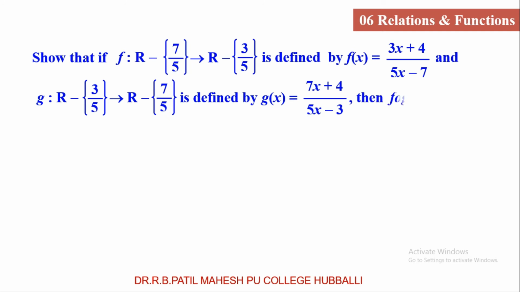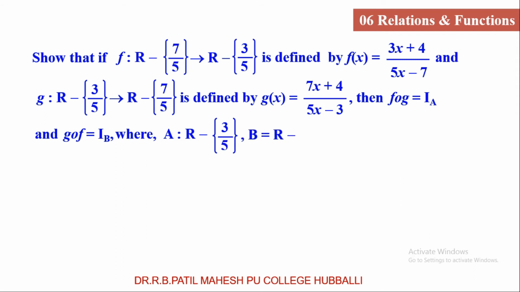Then f composition g is equal to I_A and g composition f is equal to I_B, where A is a set, that is R minus 3 by 5, and B is equal to R minus 7 by 5. These are the sets A and B.